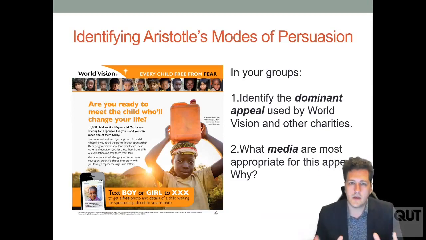So what do you think are the key reasons why they've gone with an emotional appeal? And what do you think is the most obvious evidence that they've gone for this emotional appeal? I feel like with an emotional appeal, especially with something like World Vision, you'd be able to get a lot of broad reach. Everyone will be emotional about World Vision and donating and poor children overseas.